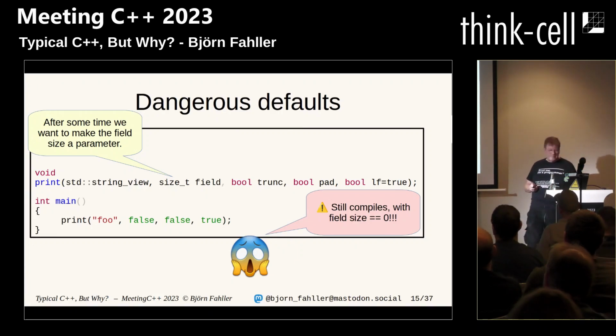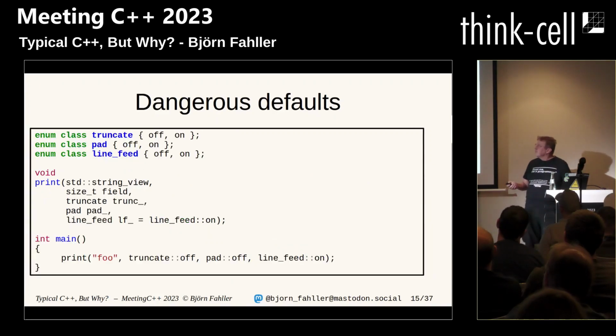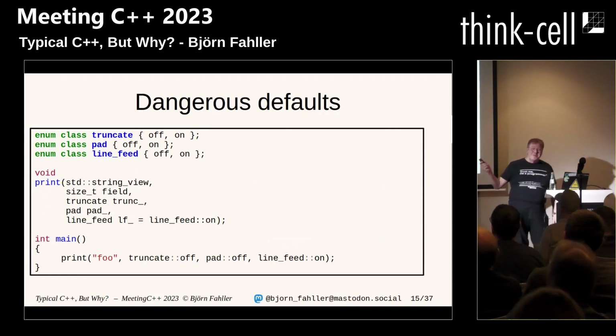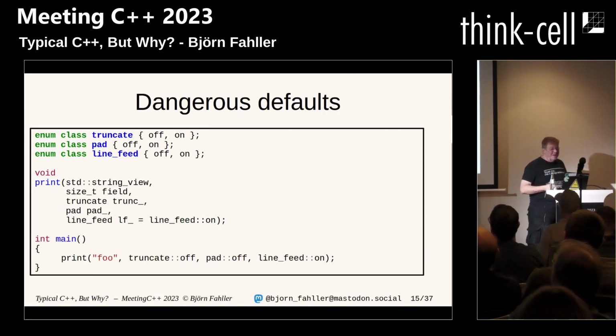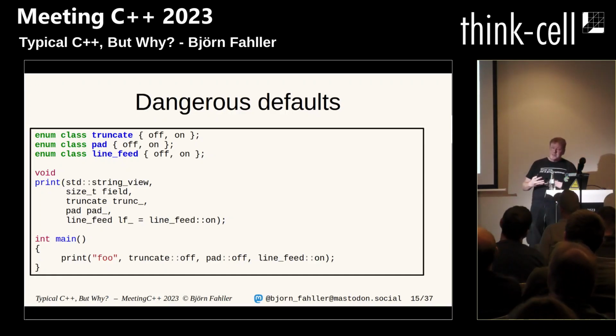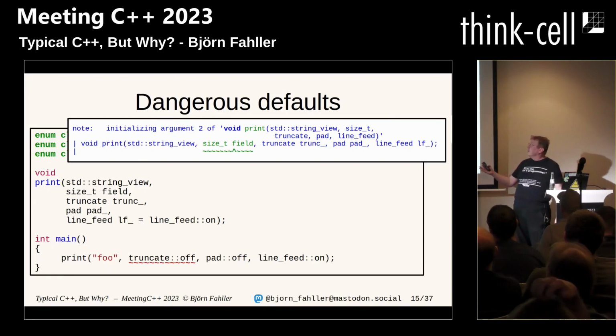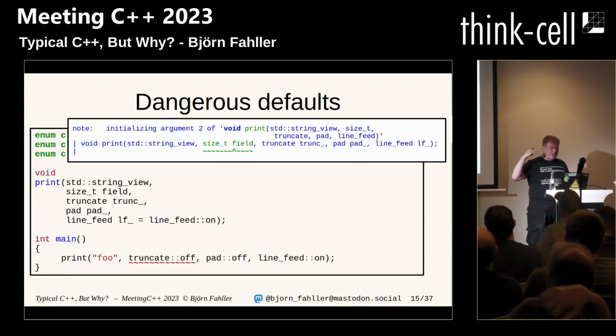So beware the dangerous defaults. But what can we do? The previous solution actually solves this one too. We have, again, truncate, pad, and line feed as distinct, different types. And this makes the call a compilation error, because we cannot convert truncate off implicitly to a size t.